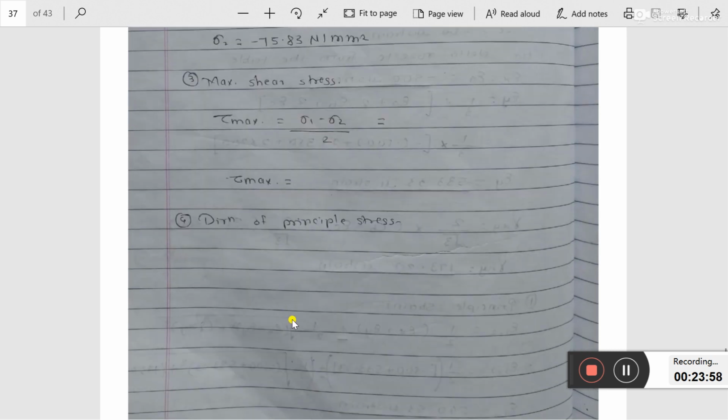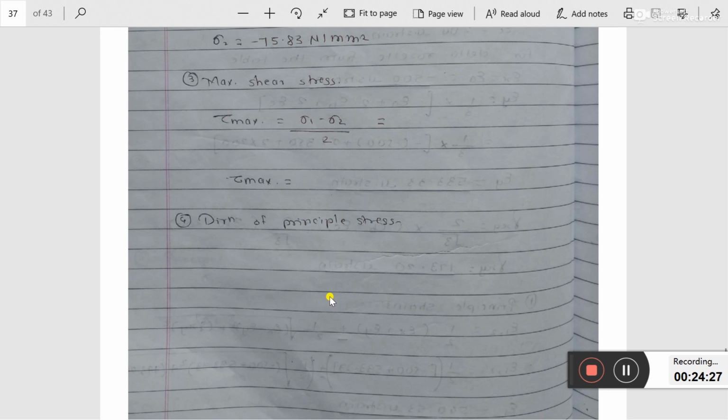Then to calculate the directions, again the formula is available. To calculate phi 1, the formula is 1/2 tan inverse of, in bracket, gamma xy divided by epsilon x minus epsilon y. By putting the values of gamma xy, epsilon x and epsilon y, initially I will calculate phi 1, and once phi 1 is calculated, again to calculate phi 2 the formula is available. Phi 2 is equal to phi 1 plus 90 degrees.